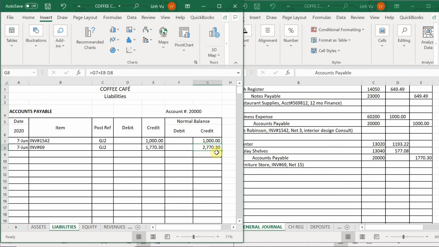And this is where you could actually drag the formula down if you'd like. All right? Any questions here?